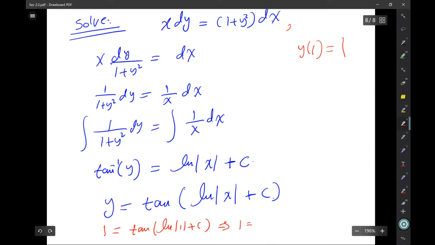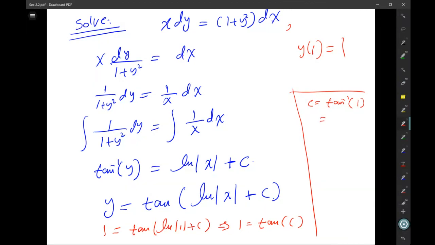This becomes 1 is equal to tan c. So c is equal to what? Tan inverse of 1. What's the tan inverse of 1? Pi over 4.